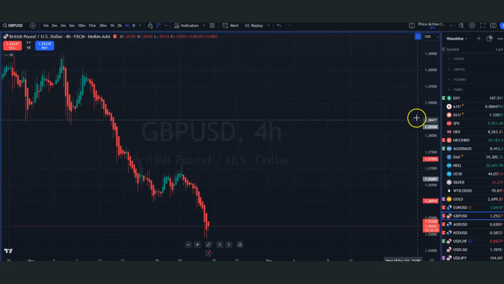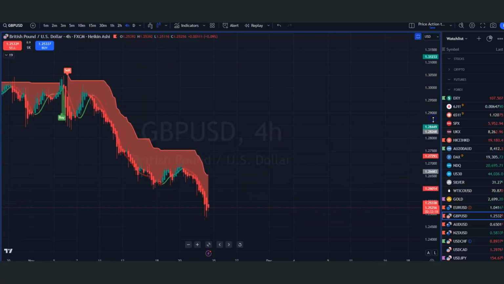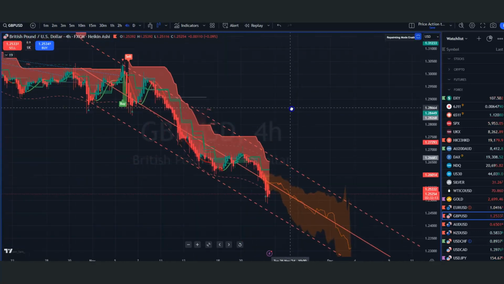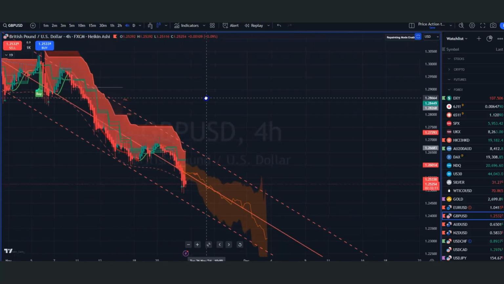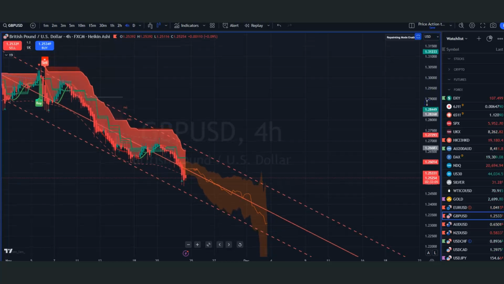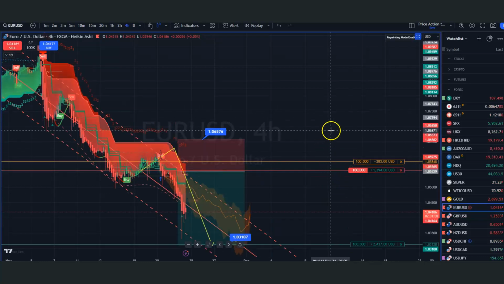Pound USD is to the downside, parabolic to the downside. Everything is red. It's on a slippery slope, isn't it? Selling pound USD, you should be. Now remember, we're not trading everything. We don't want to trade everything every day because we'd be over trading. So we want to make sure that our trades are quality.